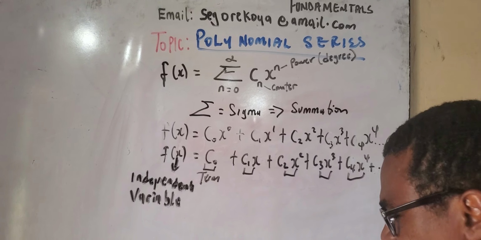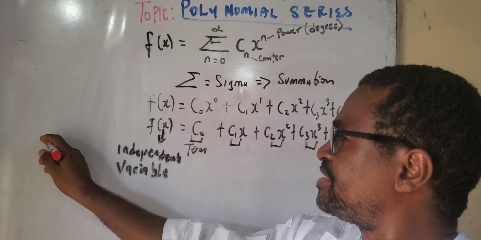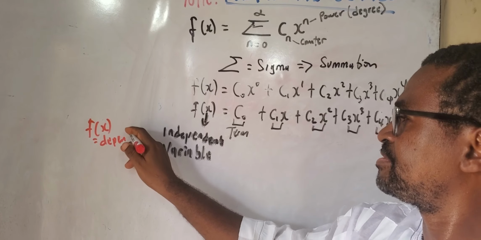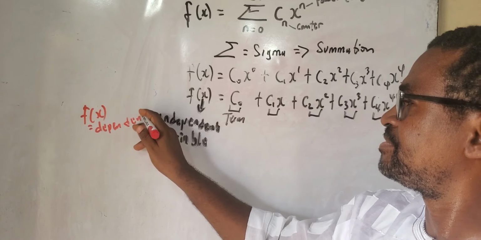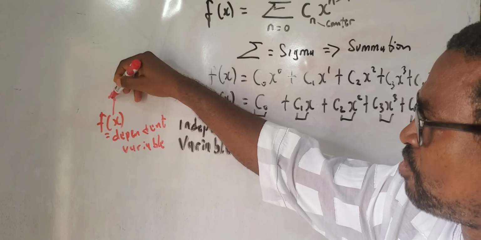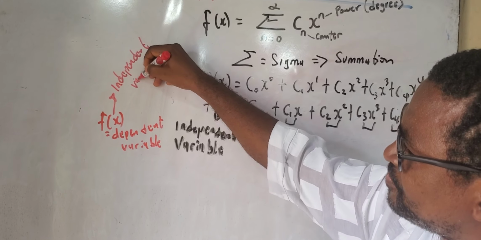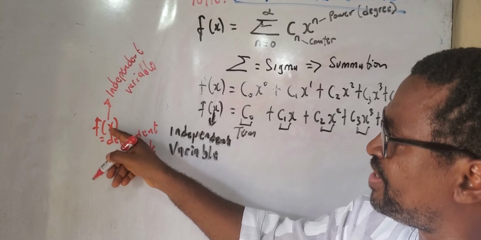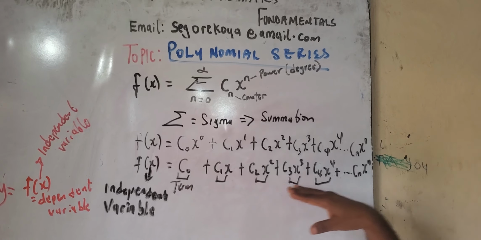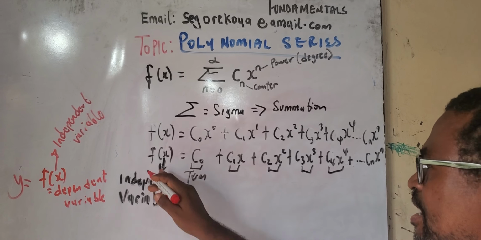And then the f of x is known as the dependent variable, while what I have inside is called the independent variable. Please take note of that. Another way to write f of x is to write it as y.